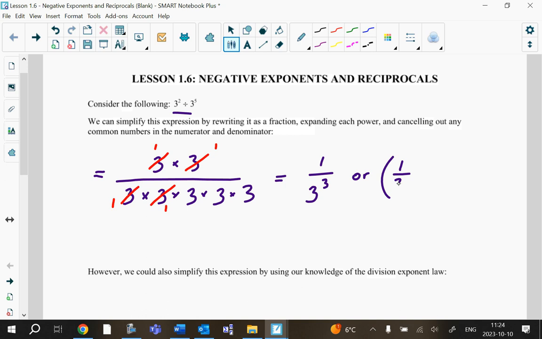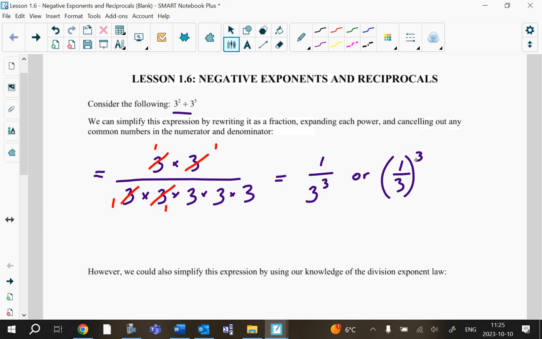These two mean the same thing. Because 1 to the 3 is still 1, and 3 to the 3 I'll just leave. I won't change it to 27, I'll just leave it in exponent form. So when we divide 3 to the 2nd, divide 3 to the 5th, we get this.